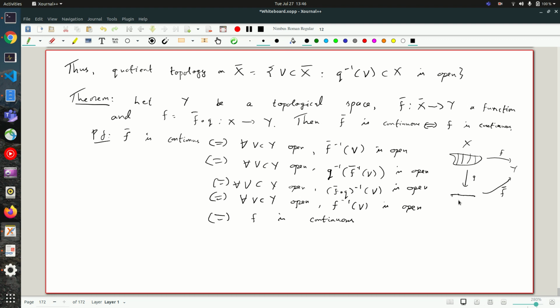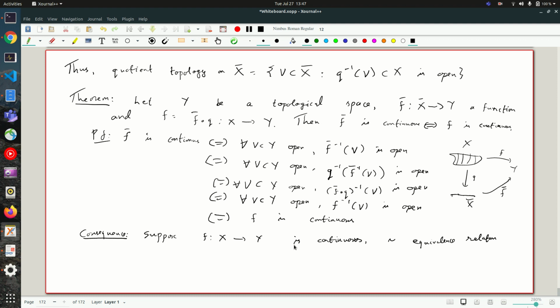So if I have a map on the quotient as a set, it is continuous if and only if the map on the original space is continuous. Okay, so a consequence is the following, and this is the way we'll usually use it. We'll use it where F is given to be continuous. So suppose F from X to Y is continuous, and we have tilde as an equivalence relation.